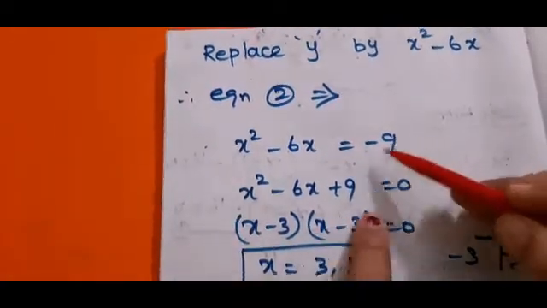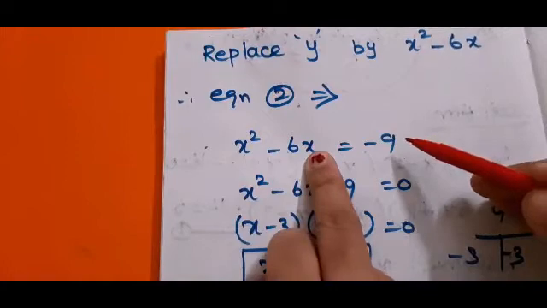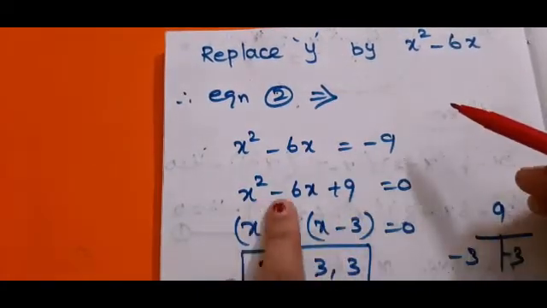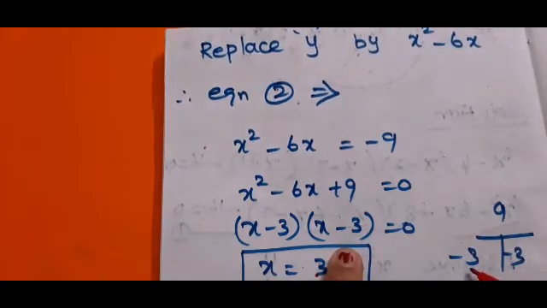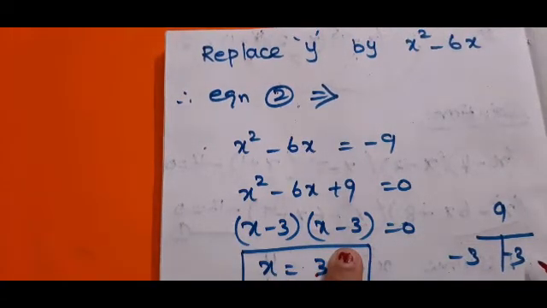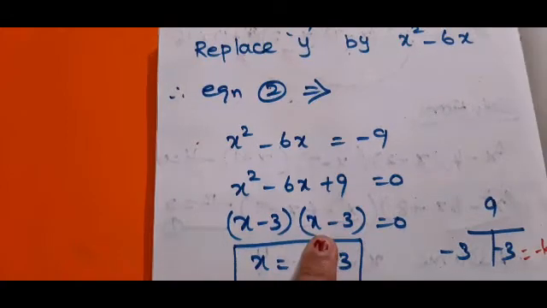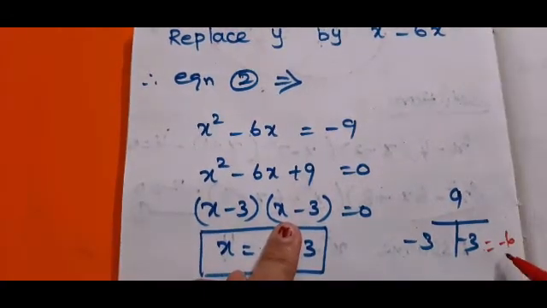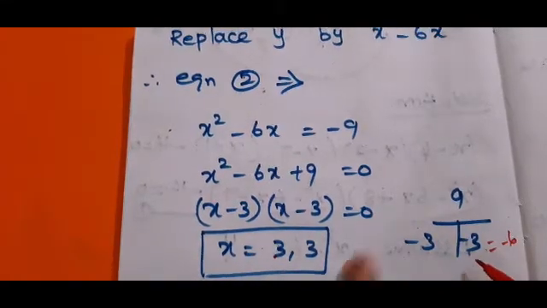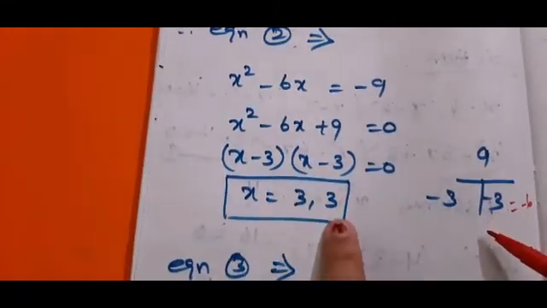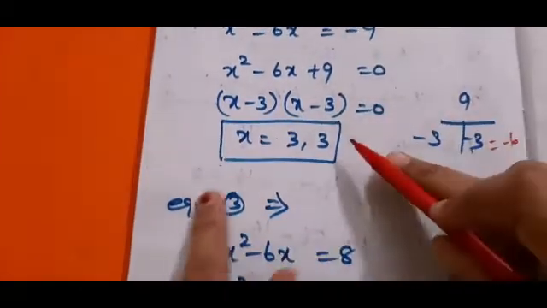This minus 9 I can take to that side, that will be plus 9. So x square minus 6x plus 9 is equal to 0. 9 can be factorized as minus 3 minus 3, then only I can get minus 6. So (x minus 3)(x minus 3) is equal to 0. So x is equal to 3, 3. These are the two solutions.